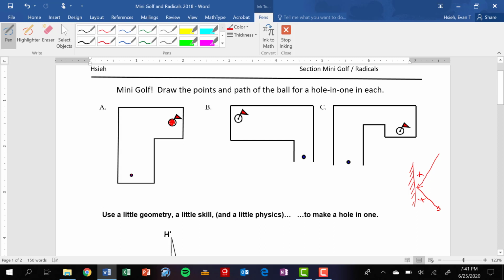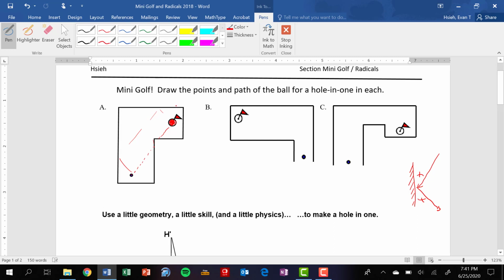And we're going to do it in reverse order. It looks like if I try to just shoot straight in, it's not going to work. You can all see that this is going to hit this wall and cause all sorts of problems. But it looks like if I bounce it off of perhaps this wall and then this wall, I can make it go in. So the question is, where do I aim for on that first wall?